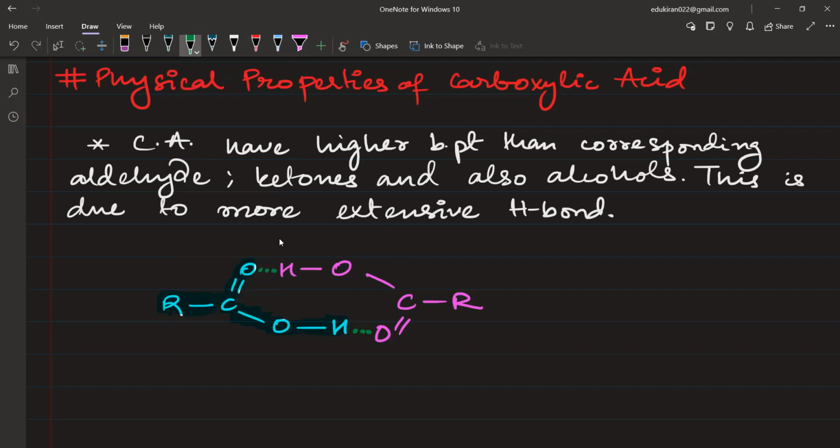Okay, and these two have hydrogen bond like this. This hydrogen bond is so strong कि अगर आप carboxylic acid को boil कीजिएगा तो, I mean, this complete dimer forms, it evaporates. ठीक है, carboxylic acid अलग अलग भी नहीं हो पाते. So this exists in the same form in vapor state and also in aprotic solvent. एक सवाल आता है, what is the structure of carboxylic acid in gaseous form or vapor state?